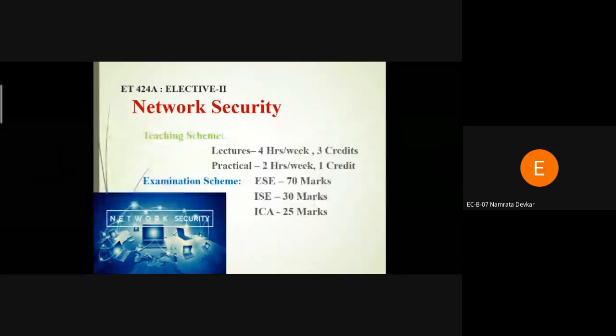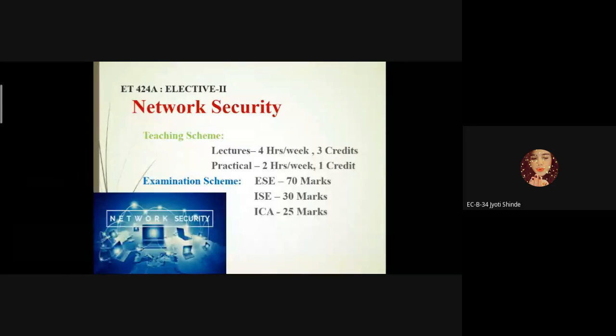Yes, sir. Okay. So basically, it is an elective subject. The subject name is network security. I'll explain the teaching scheme of this particular subject. For this, we have 4 lectures per week. Also, we have practicals.